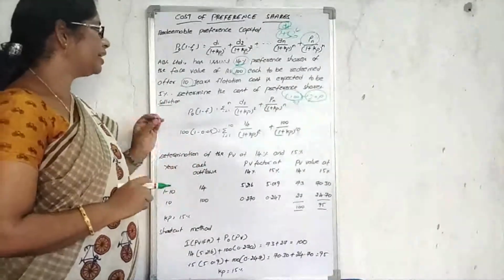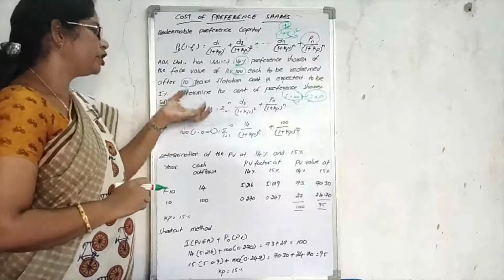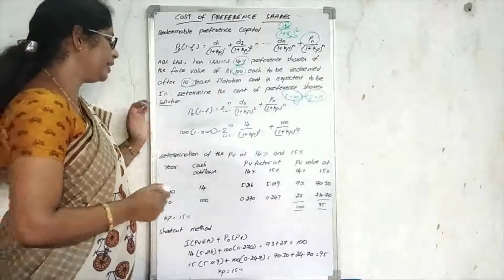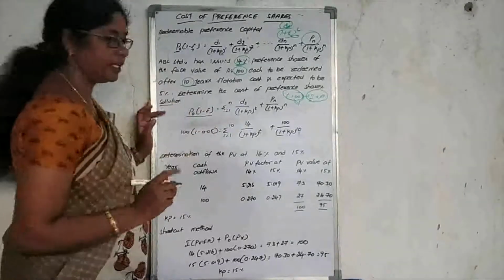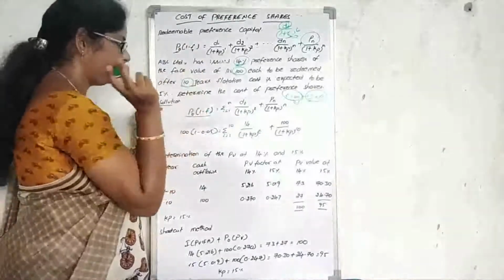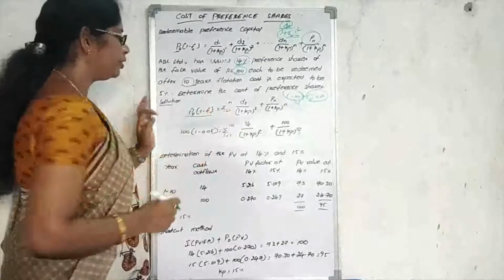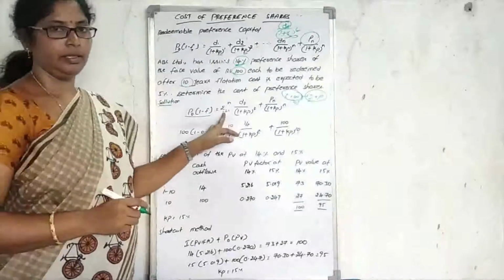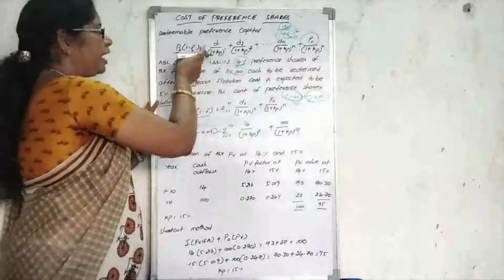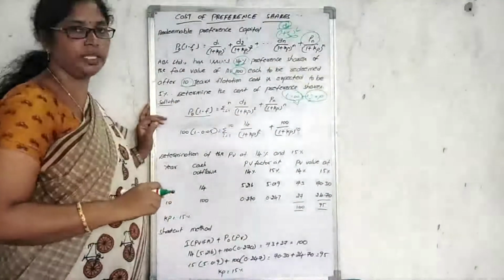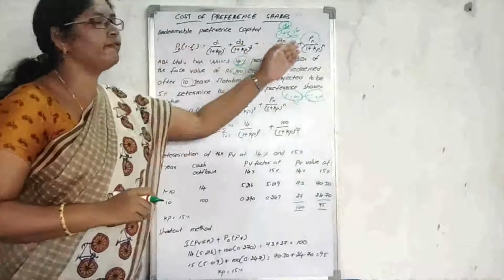At the same time, we can design the formula in shortcut also. How can we design that? P0 into 1 minus F. This will be the same. After that, we are using summation. For what purpose do we use the summation? We have n number of years, so there is no need to write the lengthier formula.